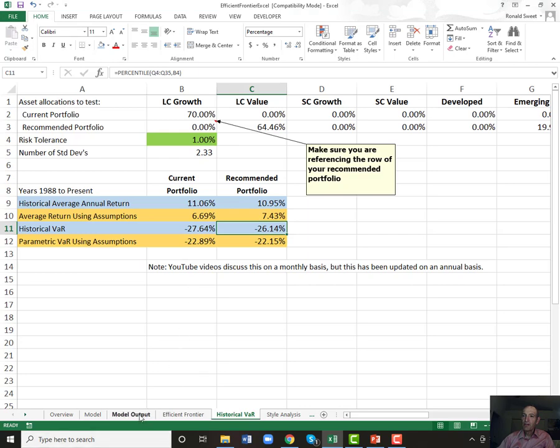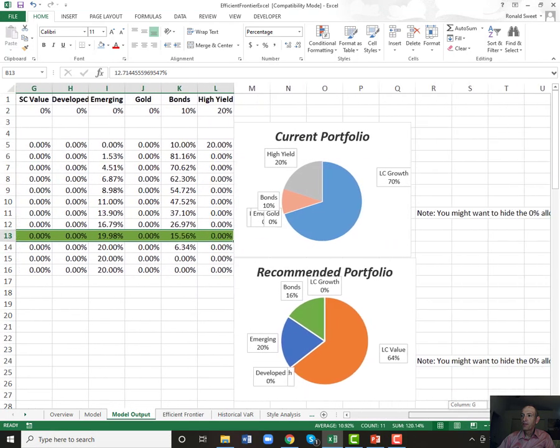Well, let's go back to the model output, and we might be able to explain it here pretty easily. If you notice, we have a large allocation to emerging market stocks where they didn't have any. We have large cap value, they have large cap growth. Now we know growth has come back pretty strongly the last few years.